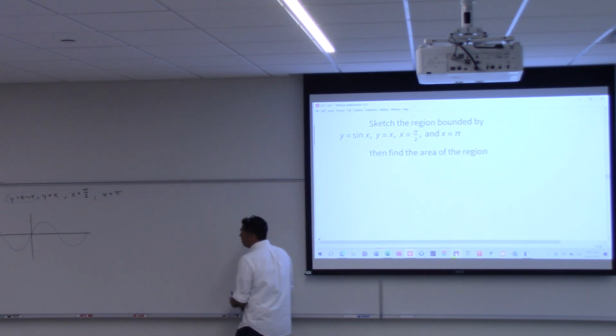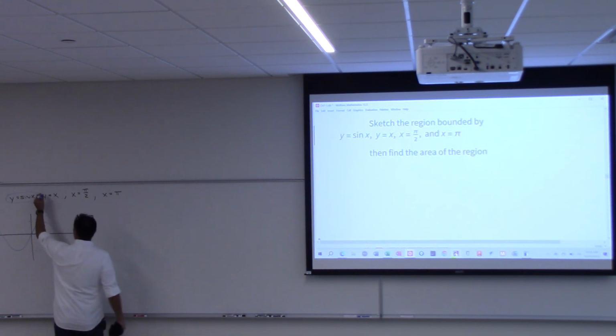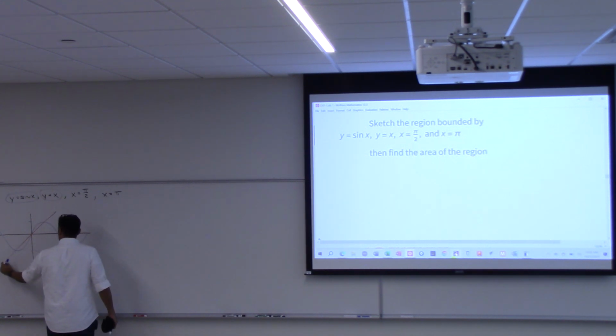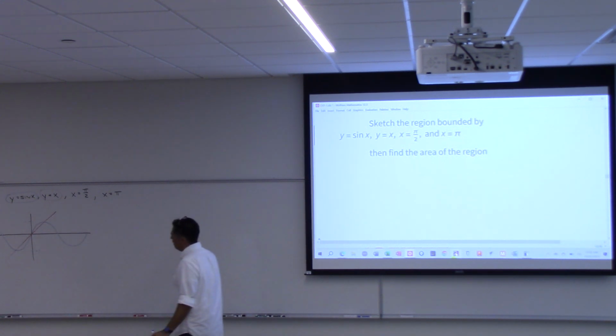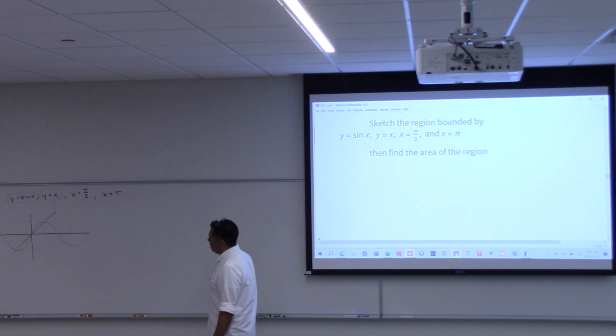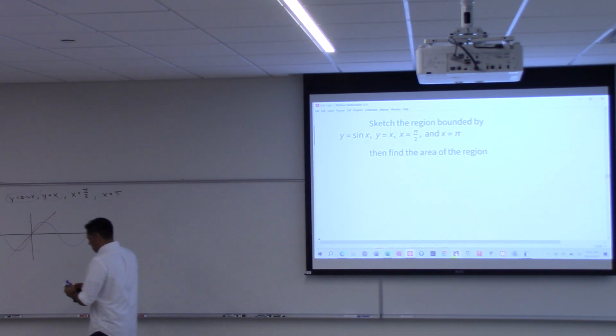Okay, next one. Oh, y equals x. This one should be easy. It's just the diagonal. Am I sure that that's what it looks like? I'm not 100% sure. Let me just keep going. x is pi over 2.